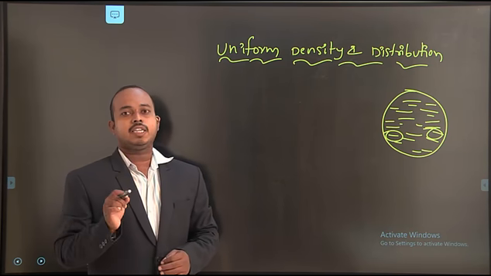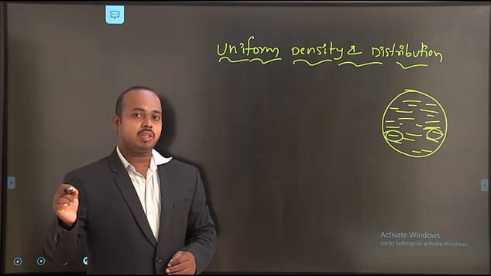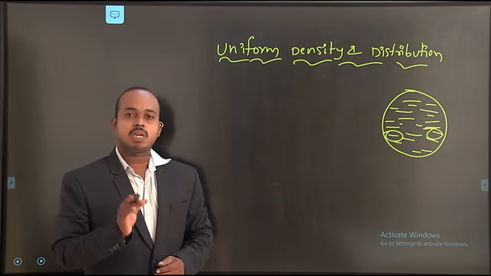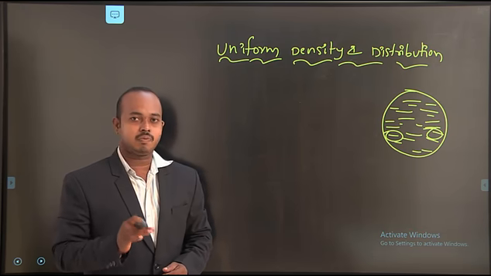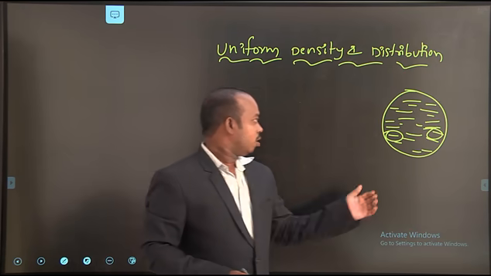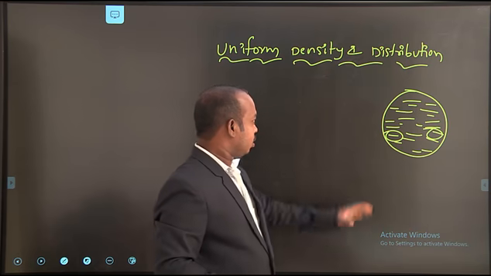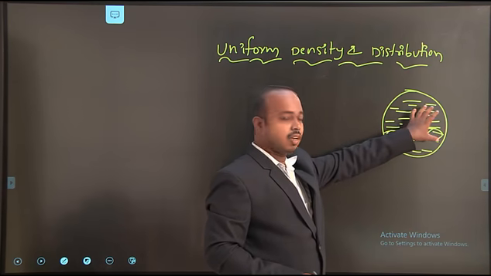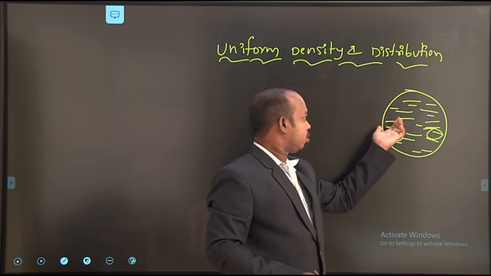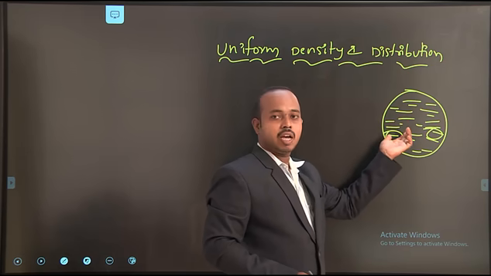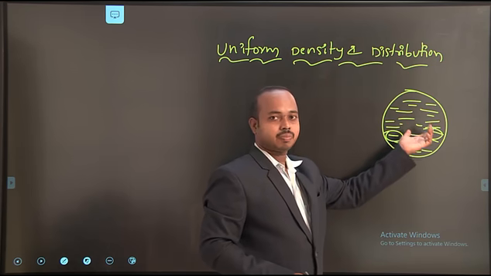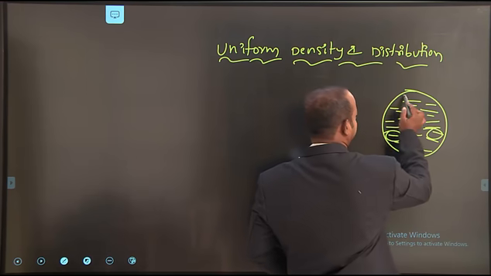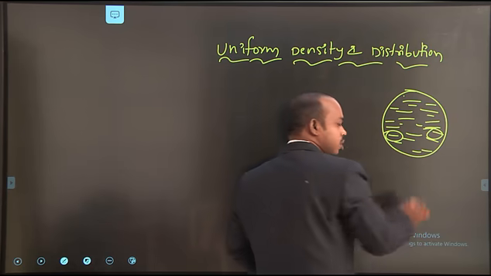Here I am taking an example, one circle, and I am arranging the elements like this. We can select any point, and the elements must be the same.